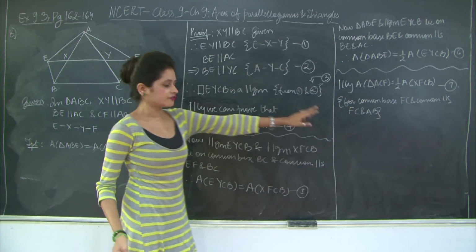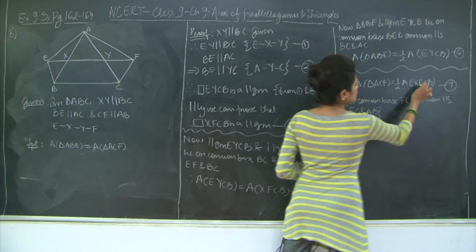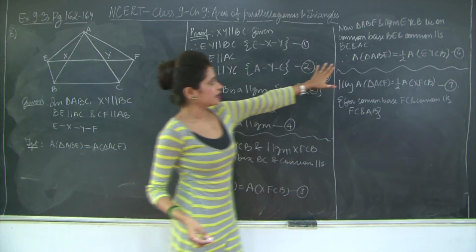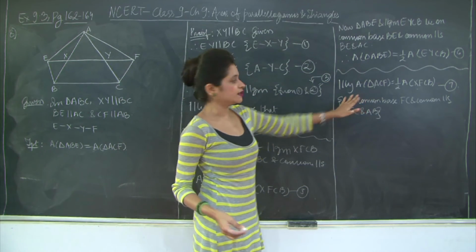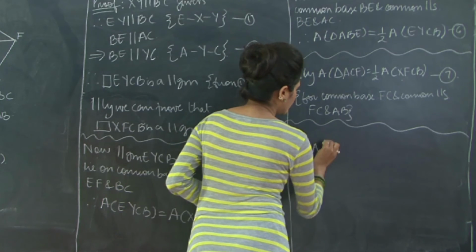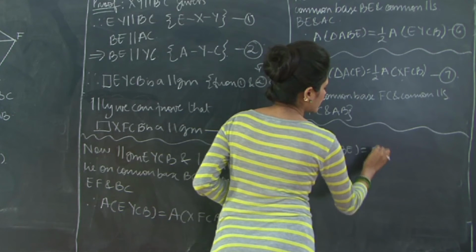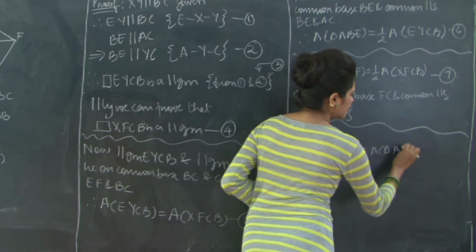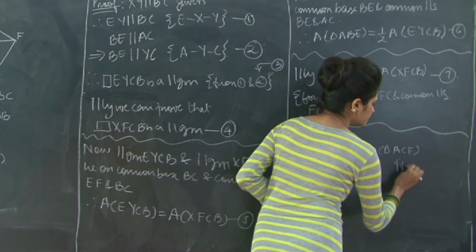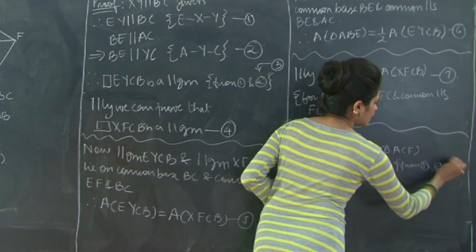So what do you get from 5, 6 and 7? See, the right hand sides of 6 and 7 are equal in 5. Therefore, obviously, the left hand sides are going to be equal. So, I'll say that area of triangle ABE is equal to area of triangle ACF from 5, 6 and 7.